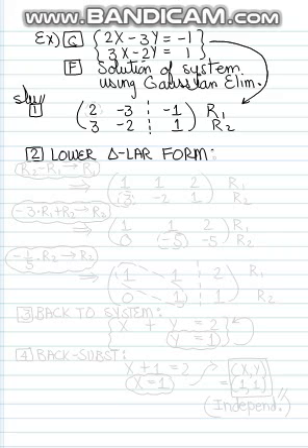Okay, and I'm going to be very careful and show you how I'm doing this. First of all, we are going to do row 2 minus row 1, and that will become our new row 1. That's the plan for the first step.